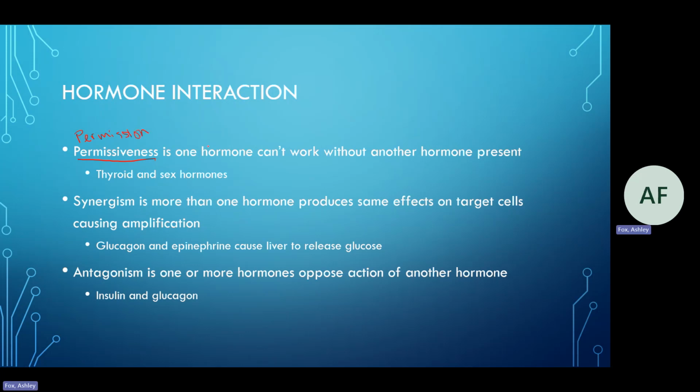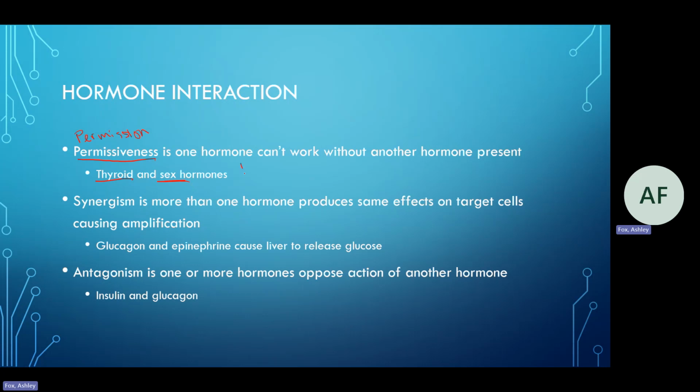This means one hormone needs permission to work from the other hormone. So it needs both hormones to be around to do its work together. So without one, the other one's lost. And this comes into play for an example of thyroid and sex hormones.